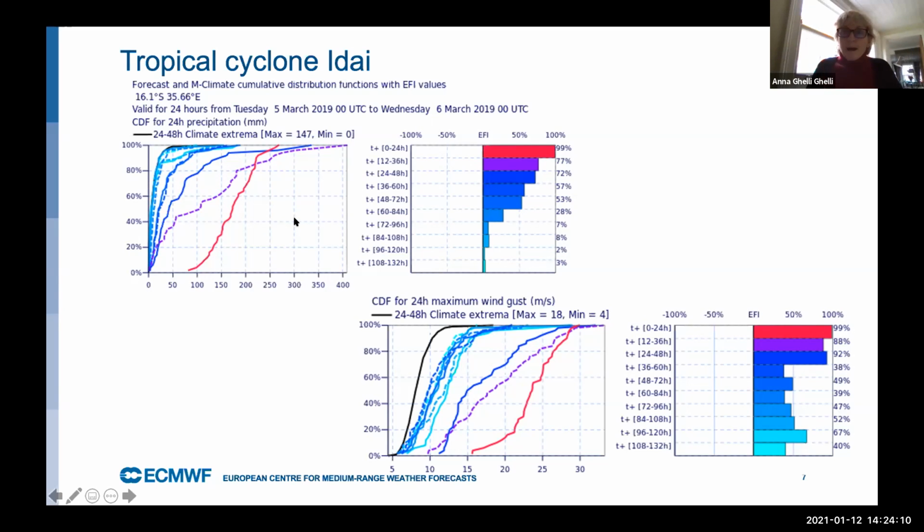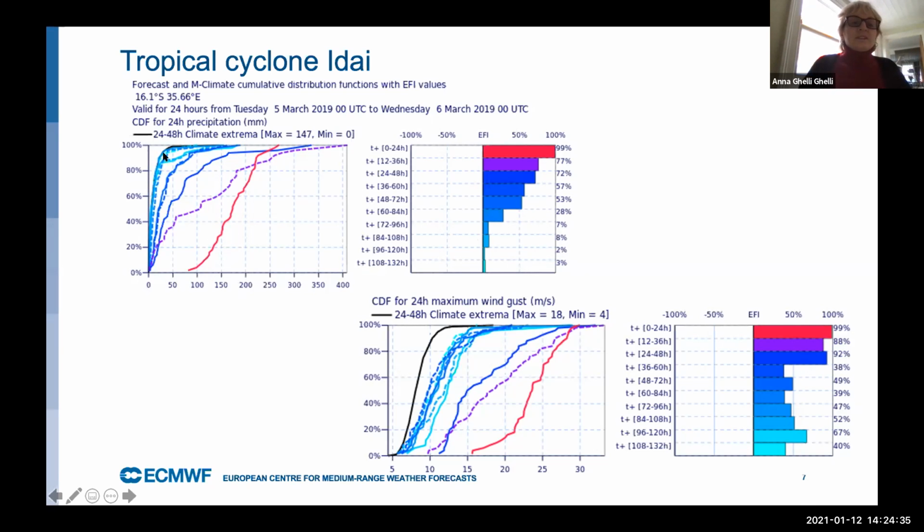So how much the ensemble is forecasting the same from the longer ranges to the shorter ranges. If we're looking at the first example here, you see the curves. The climate is actually right here, very, very close to the y-axis. You can just about see it.